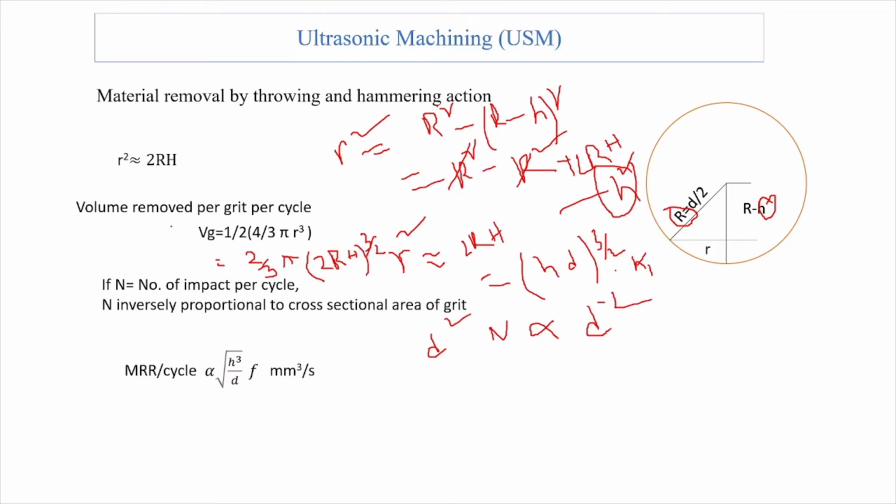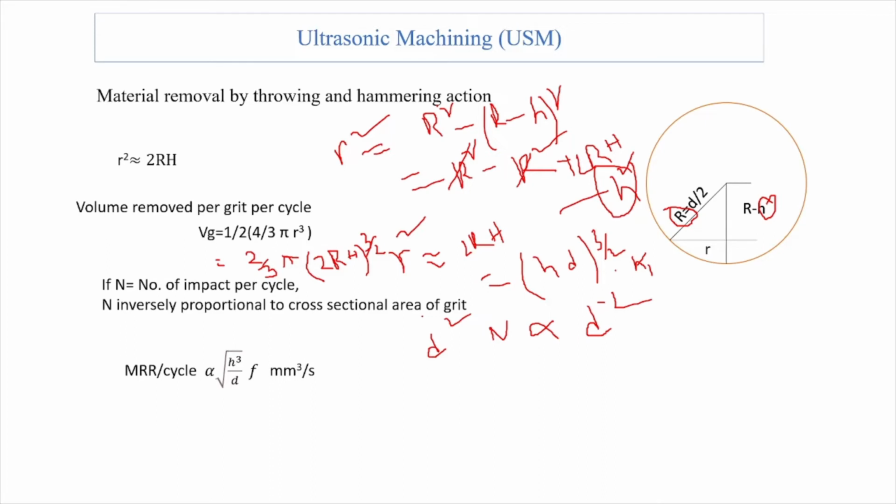So first we calculate volume removed per grid per cycle, then we calculate MRR per cycle using the number of impacts per cycle equation and the relation between the number of impacts and the cross sectional area of the grids, that is the abrasive grid size.